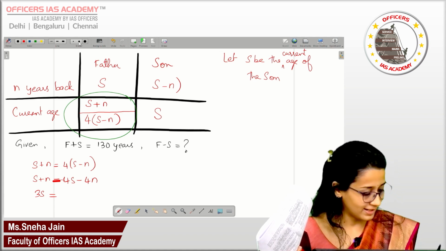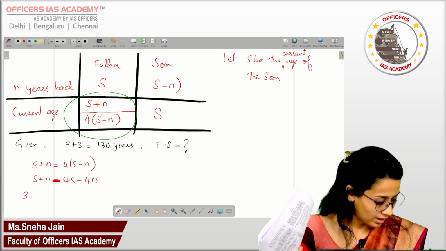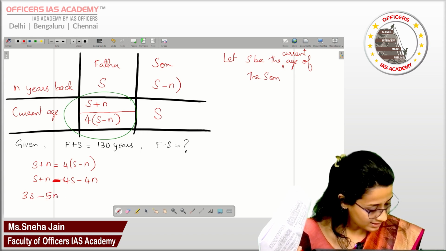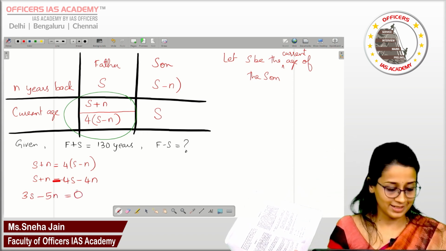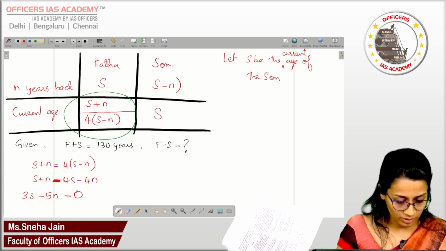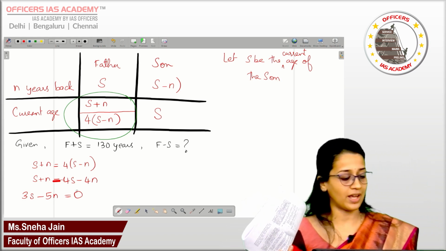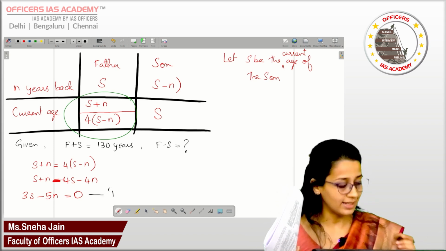Or let me write it this way. 3S will come on this side. So 4S minus S is 3S minus 5n is equal to 0. And this is my first equation.